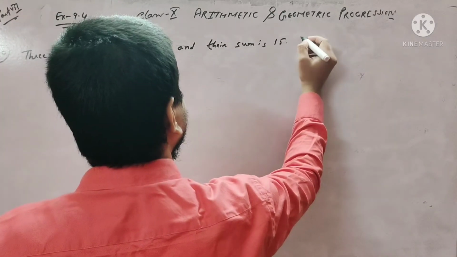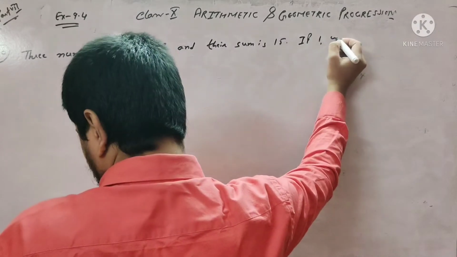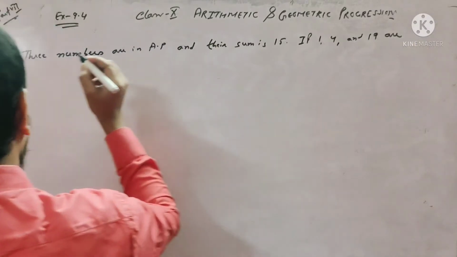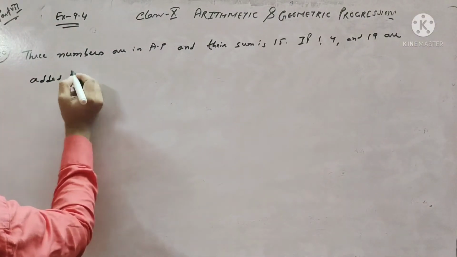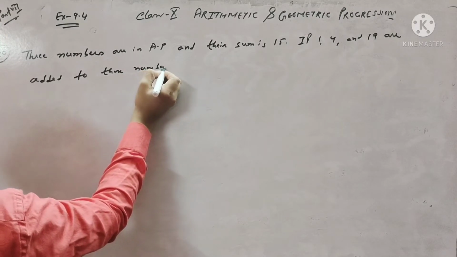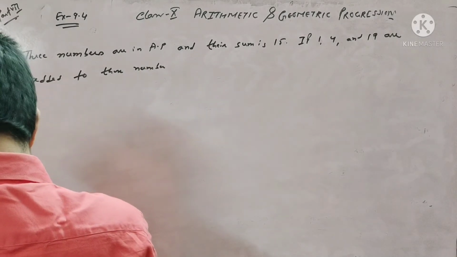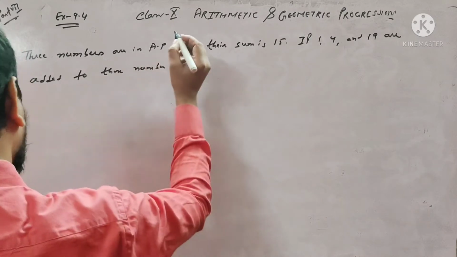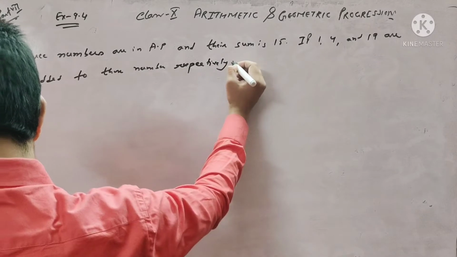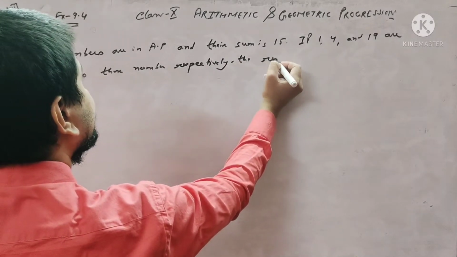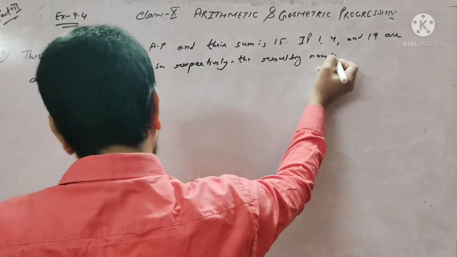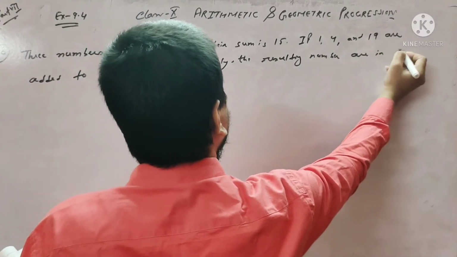If 1, 4 and 19 are added to these numbers respectively, the resulting numbers are in GP.